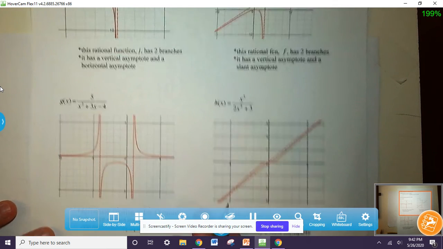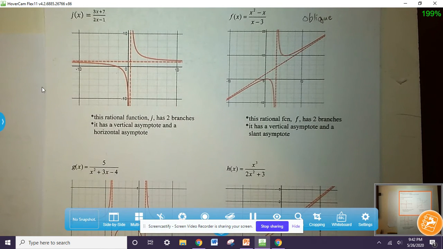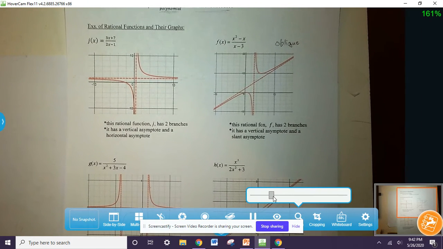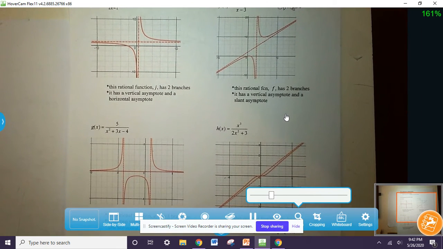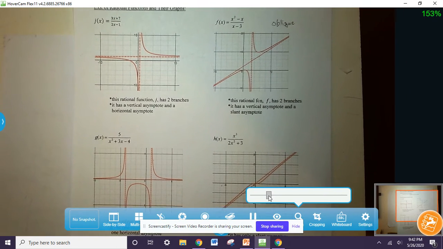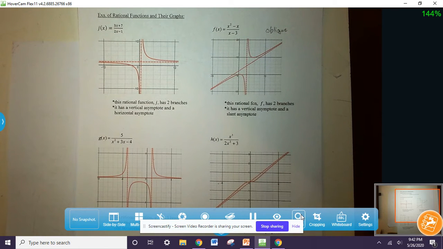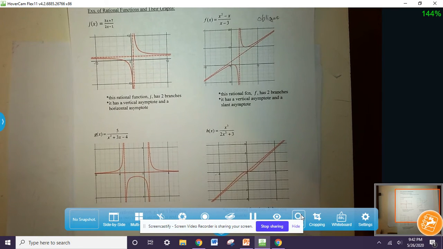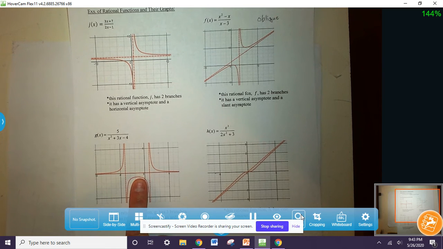So looking at these 4 examples, and just 4 examples to kind of get started with, I have some questions I'd like to ask. Just based on these 4 examples, can you look at those and first tell me, can a rational function have more than one vertical asymptote? Yes, this one right here, function g, has 2 vertical asymptotes.